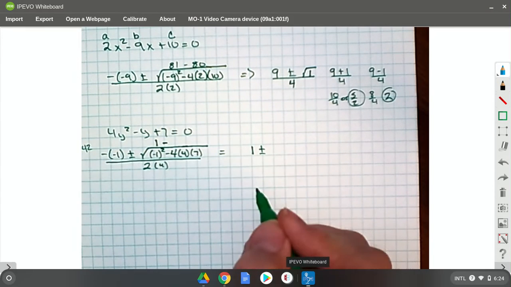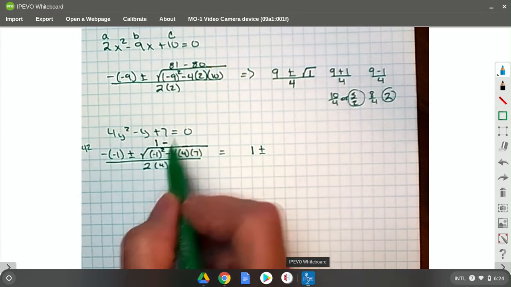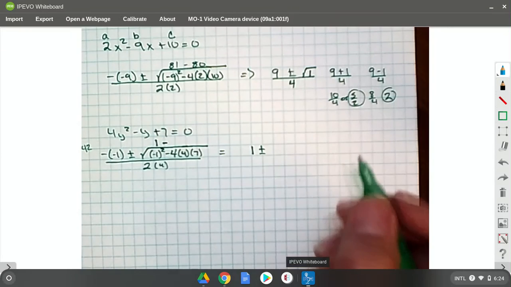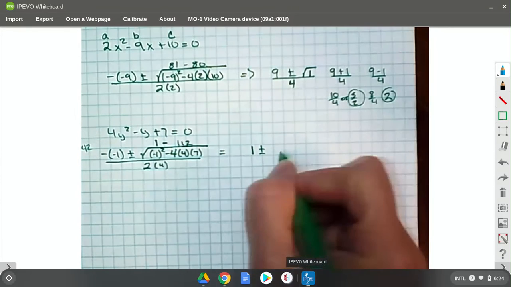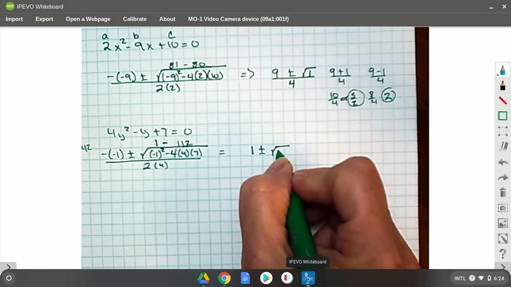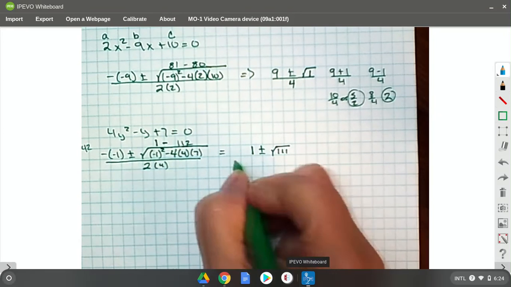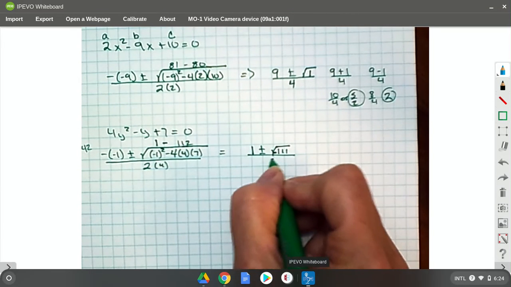So that is 112, right? For AC. So I have minus 112. So 1 plus or minus the square root of negative 111 over 8.